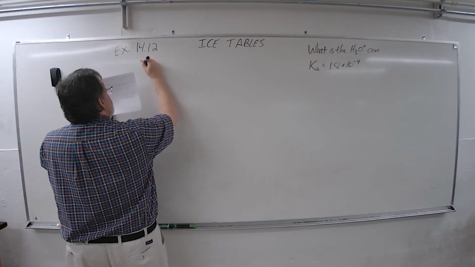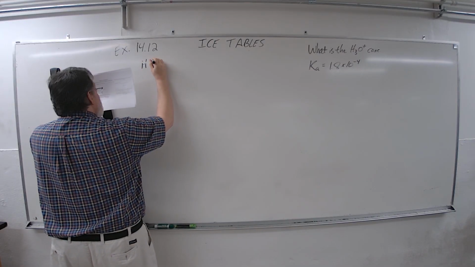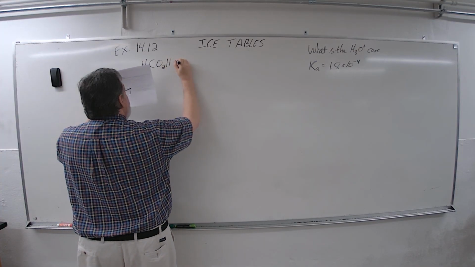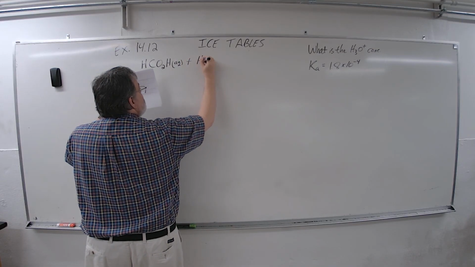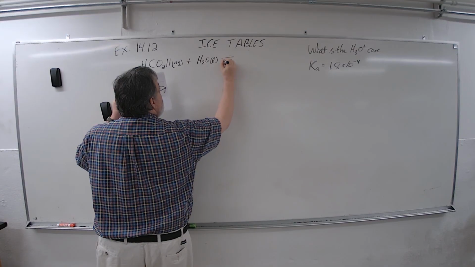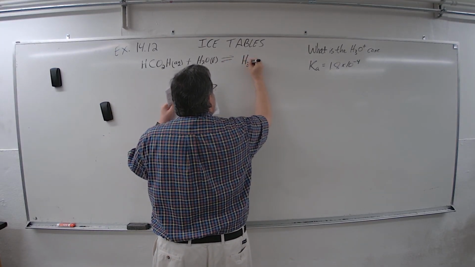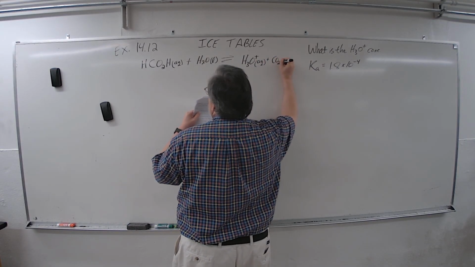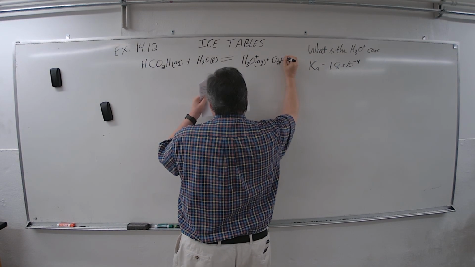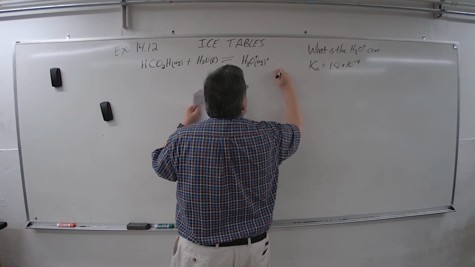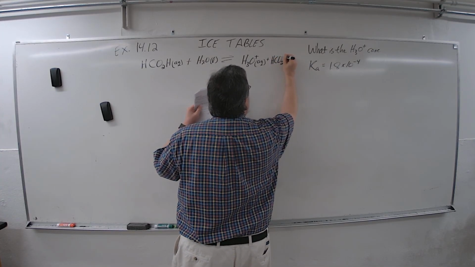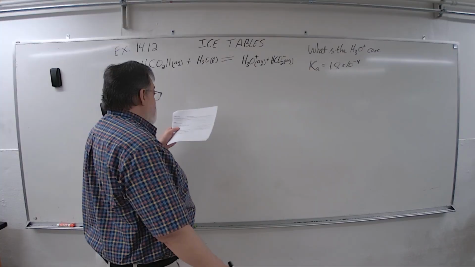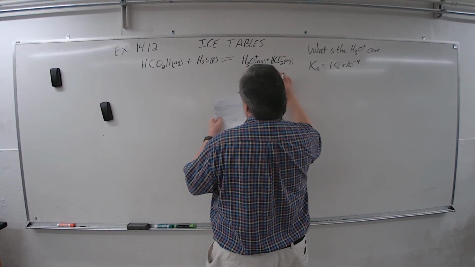Here's what we've got. We've got this as our acid, H2O liquid makes H3O plus aqueous plus HCO2 minus aqueous.